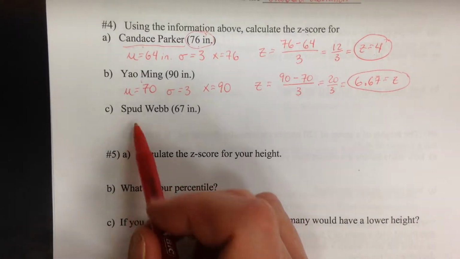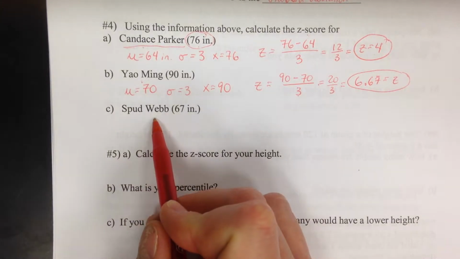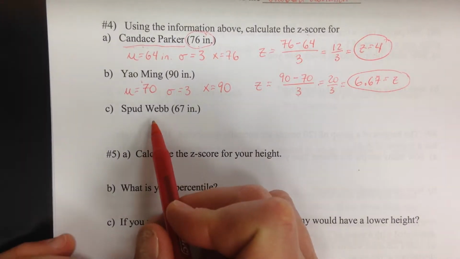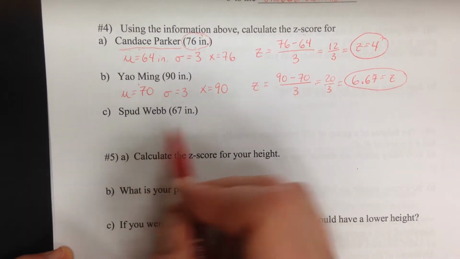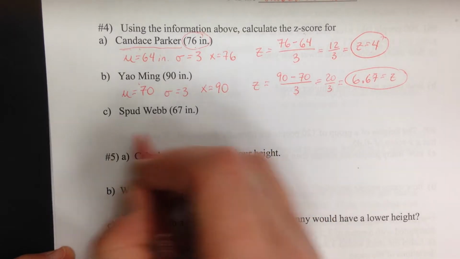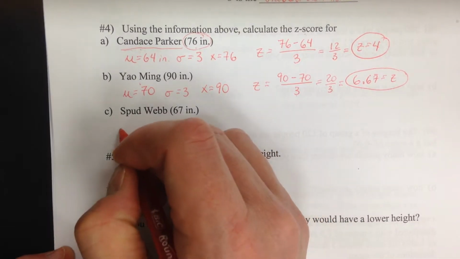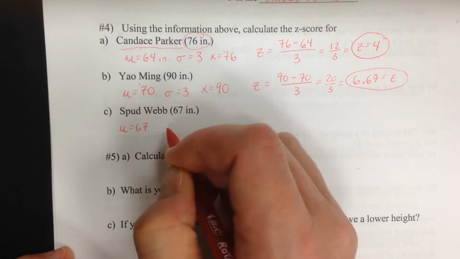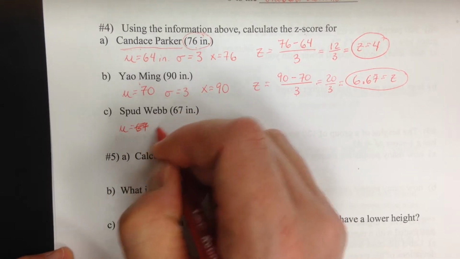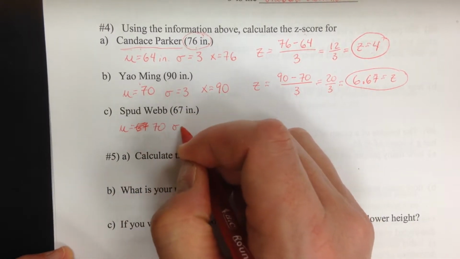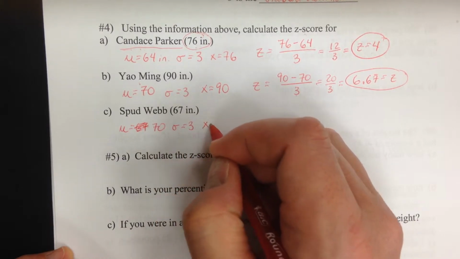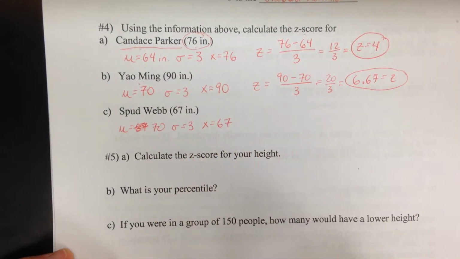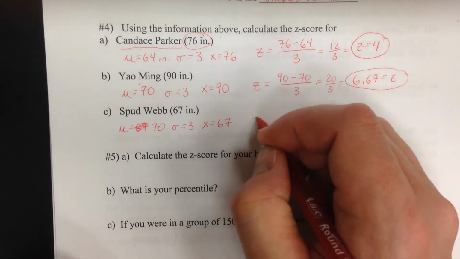All right, let's take one more person here, part C, Spud Webb. Spud Webb is a former NBA player who was actually very short, but he played in the NBA for years. He was pretty impressive. The mean is 70 because he's male. The standard deviation is 3. But the number we're testing is less than the mean.